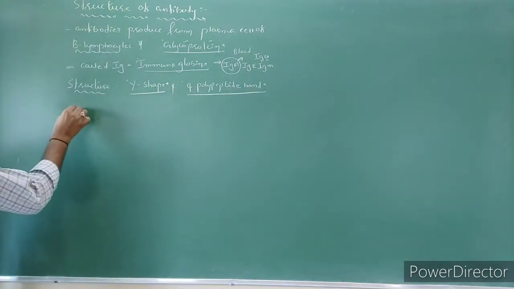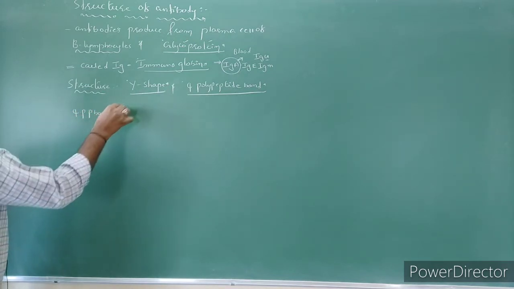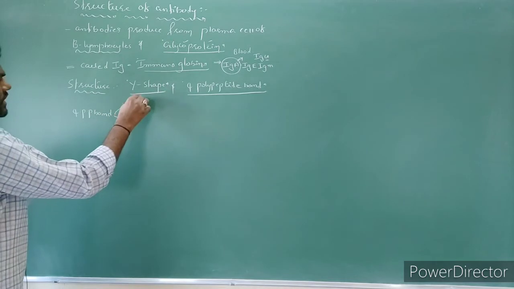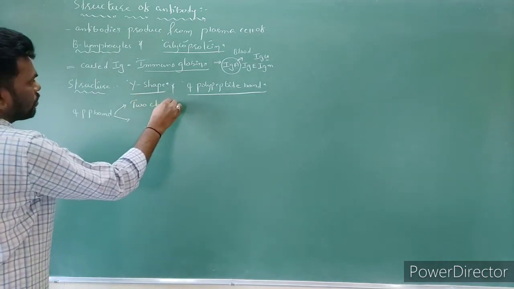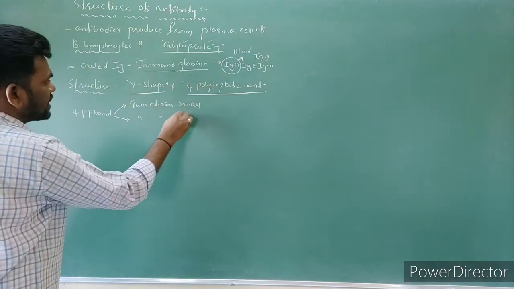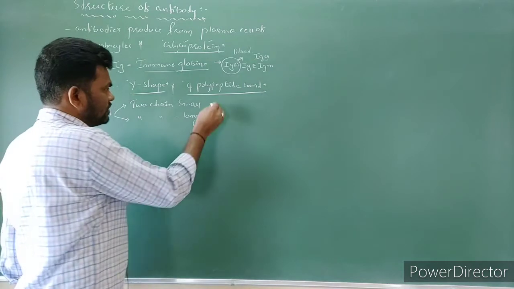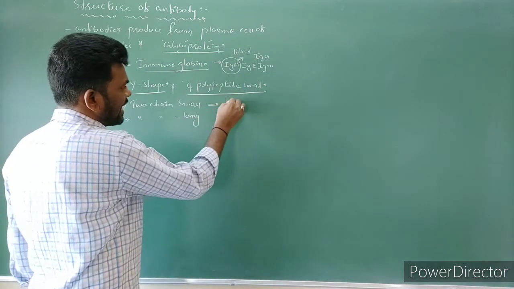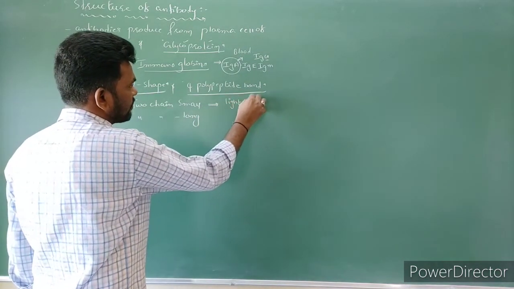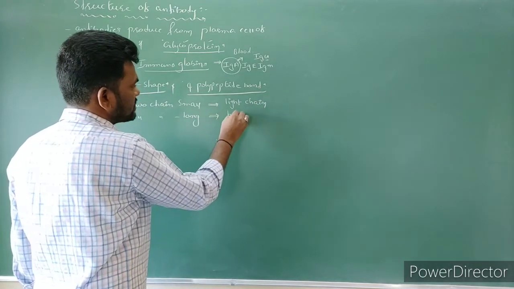Out of these 4 chains, 2 chains are small in size and 2 chains are long polypeptide chains. The first 2 chains are called light chains, and the second 2 chains are called heavy chains, right?